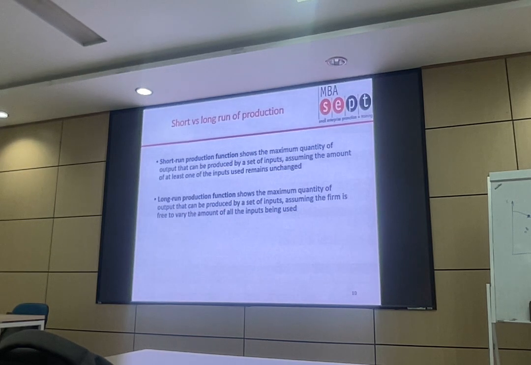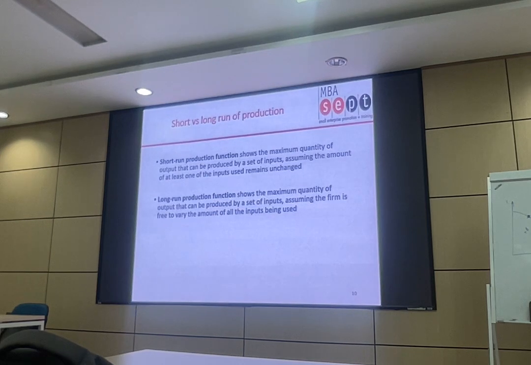Short run production shows the maximum quantity of output produced by a set of inputs, with the assumption that the amount of at least one of the inputs used remains unchanged. For example, the cost of the plant or the machines is not easy to change to another type of business in the short run.